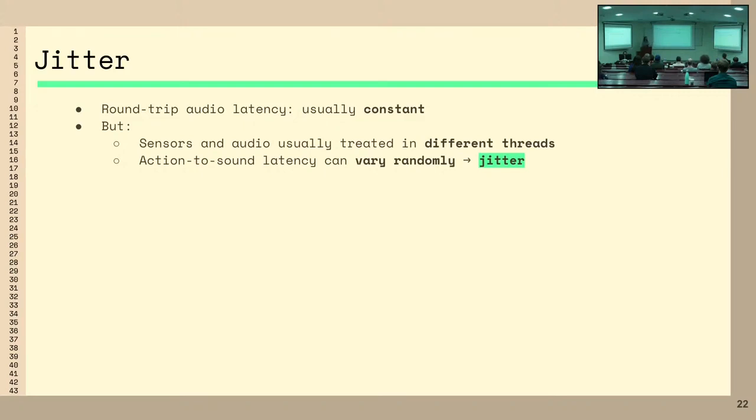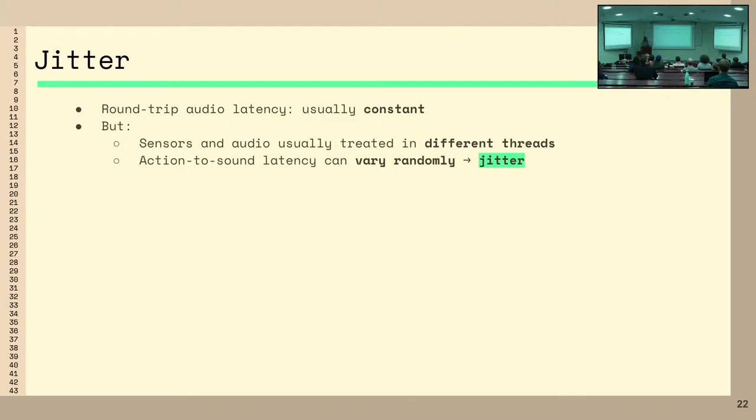When you're on a round trip audio latency, or a processing latency situation, latency tends to be constant. You tend to have the same consistent audio latency, right? But whenever you're trying to interact with that audio stream and you have things that happen in a different thread, in a different process, then you can introduce this effect that is the random variation of latency called jitter.